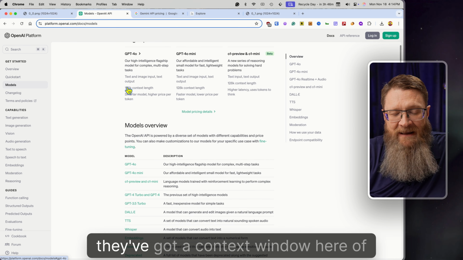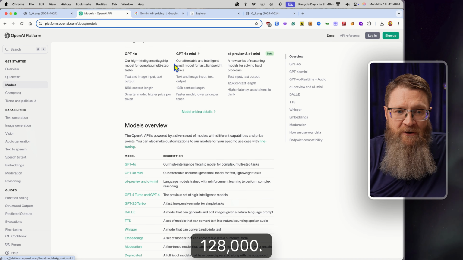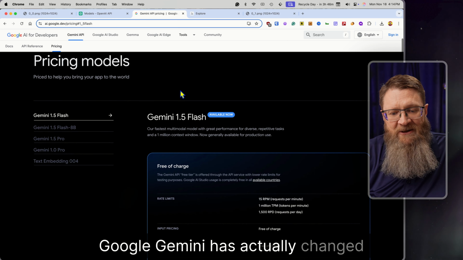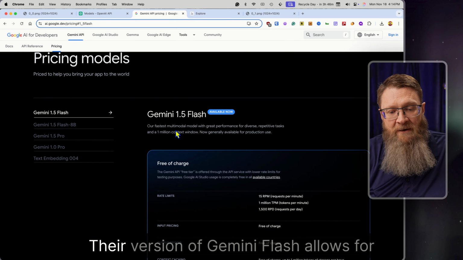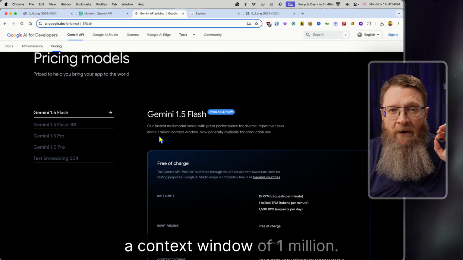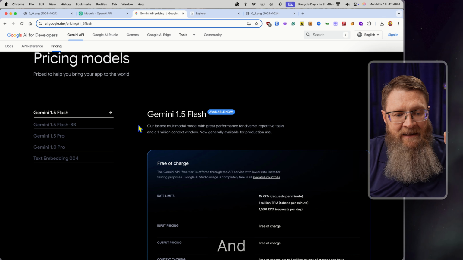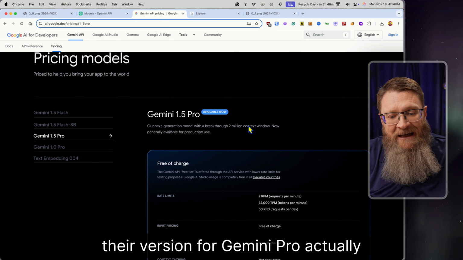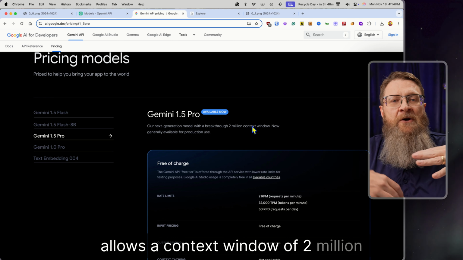Now, as I mentioned, they've got a context window here of 128,000. Google Gemini has actually changed things quite a bit. Their version of Gemini Flash allows for a context window of 1 million, and their version for Gemini Pro actually allows a context window of 2 million tokens.